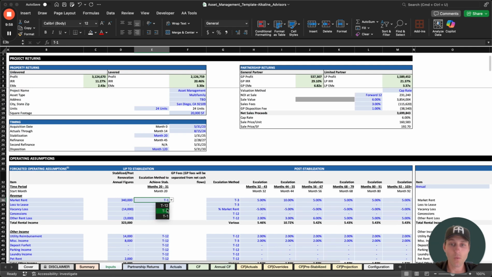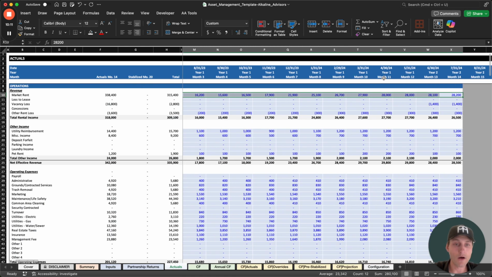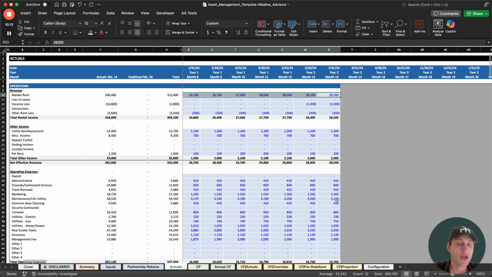We can also say, well, what if we took the trailing 3 months of information we have, or the trailing 12 months of information we have? Well, for that first period in month 15 that we're estimating, we're taking these 12 figures, adding them together to get a figure of $280,100.